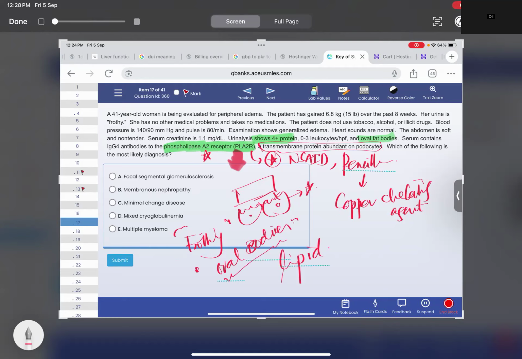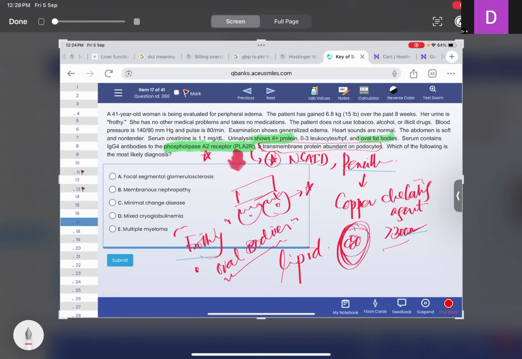Oval bodies are when lipids are wrapped in a membrane, okay. So we call them oval bodies, and we have more than 300 lipids in nephrotic syndrome.